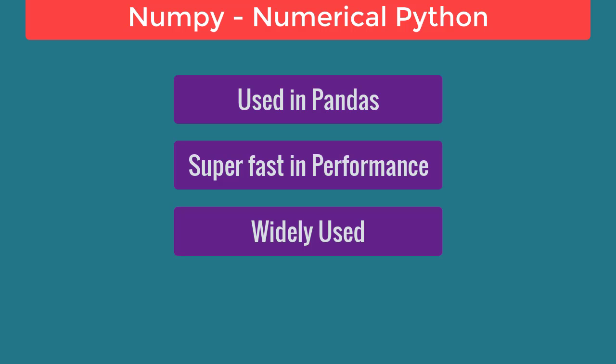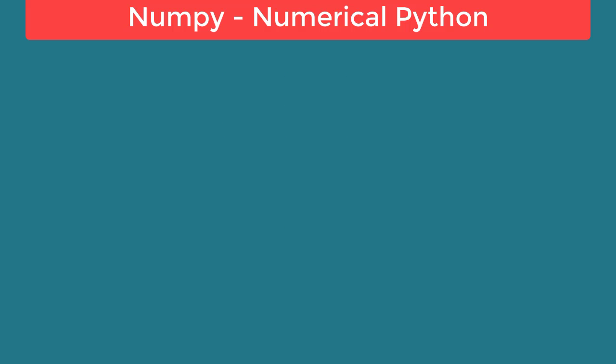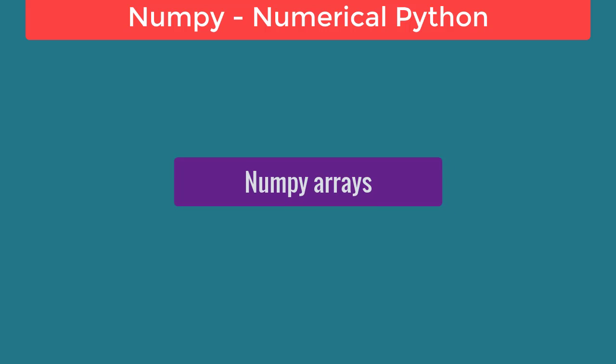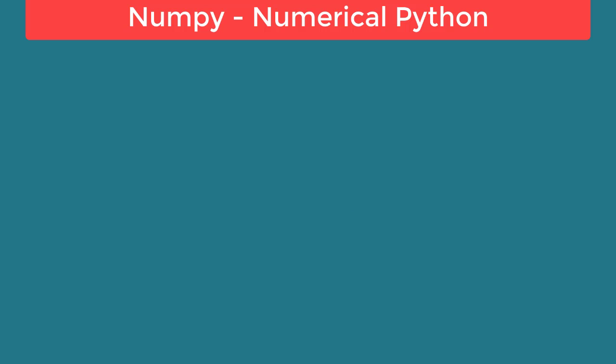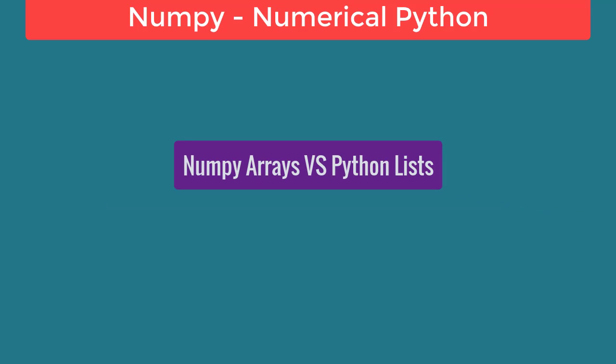To give you a brief idea about NumPy, the basic data structure in NumPy is NumPy arrays. It is faster than Python container data types like list or tuple. We will also explore the comparison between NumPy arrays and Python lists in this video.